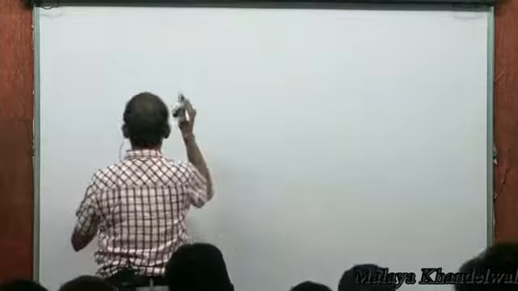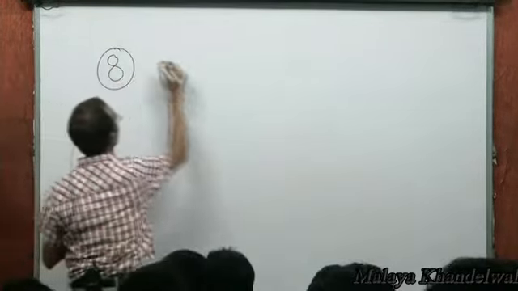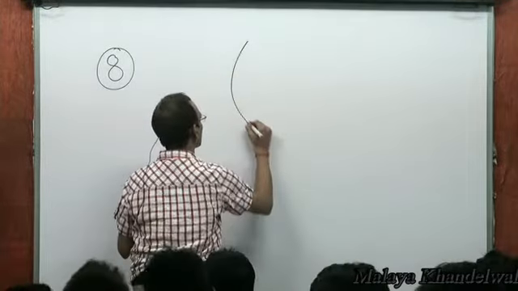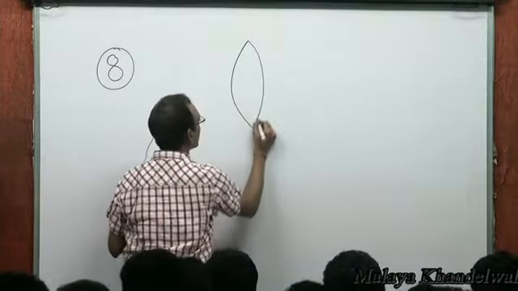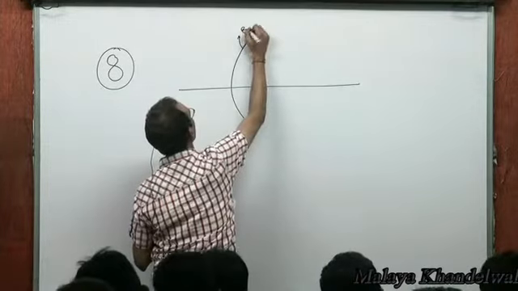So then problem 8. There is an equiconvex glass lens, with radius of each face r, right? Magnitude of the radius of each face is r.